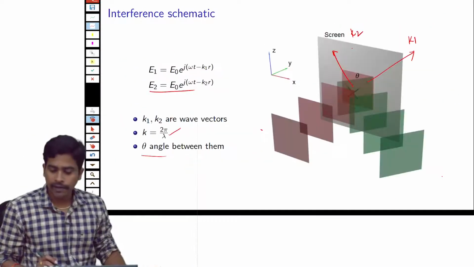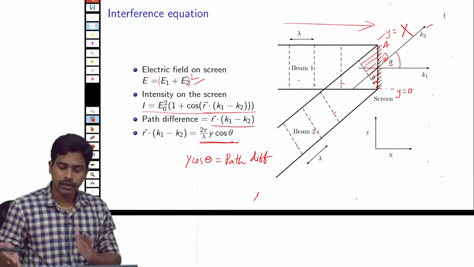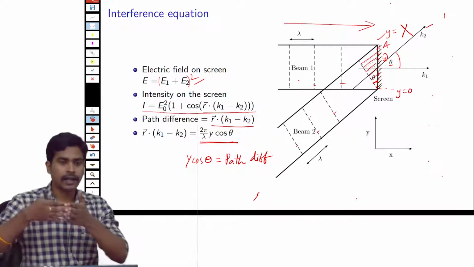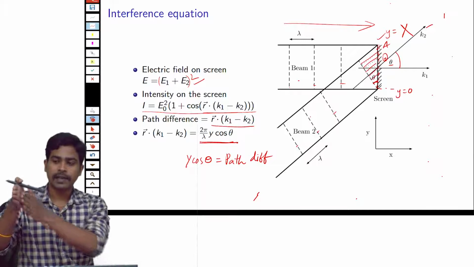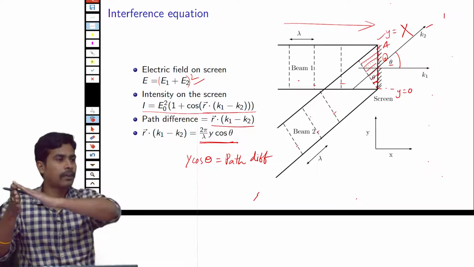For example, if the plane waves are interfering at some other angle, this is the side view. In this figure plane wave 1 is coming like this and the second plane wave is going at some other angle. It could also be from the top.